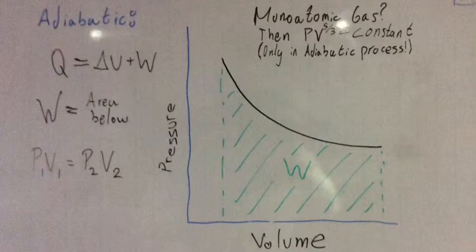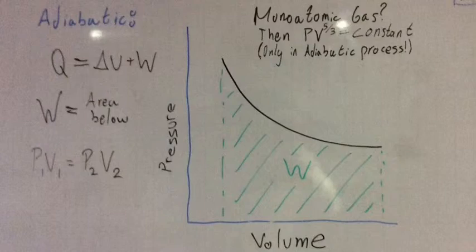And this process has the relationship of pressure 1 times volume 1 is equal to pressure 2 times volume 2. Also, in the pressure-volume graph, the process would look as shown. Also, it should be mentioned that in an adiabatic process of an ideal monatomic gas, this constant should be considered. So pressure times volume to the power of 5/3 is constant.